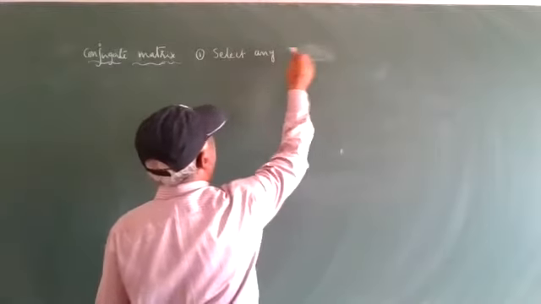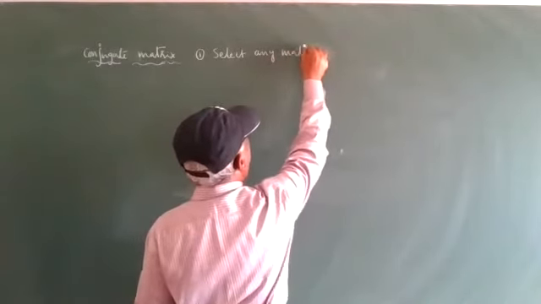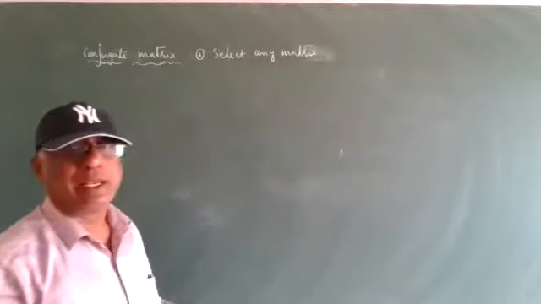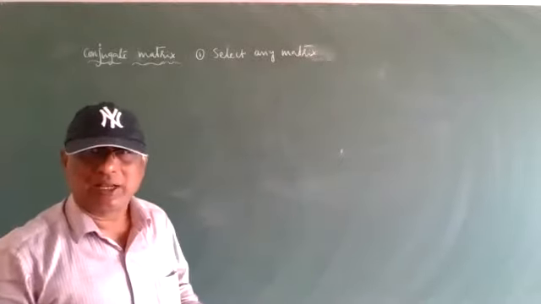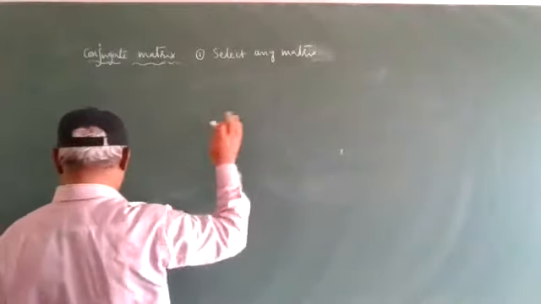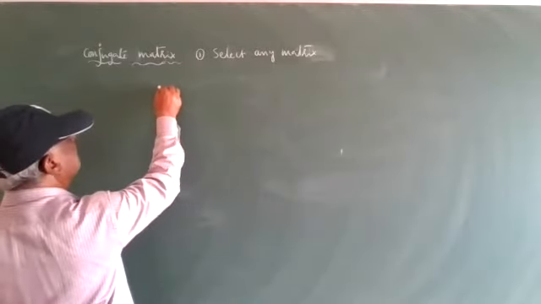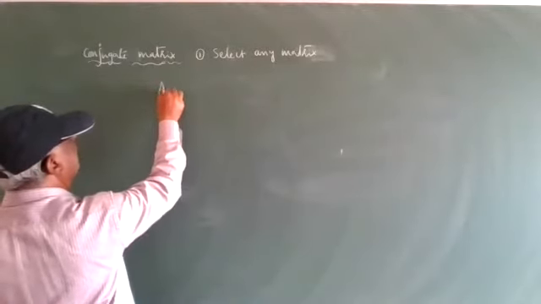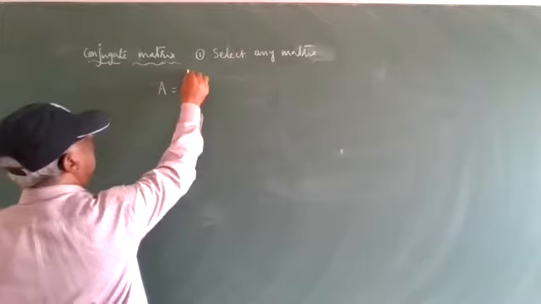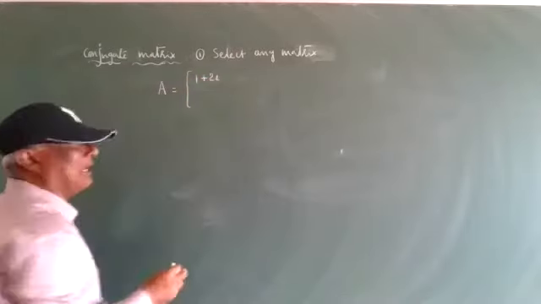So matrices are two types: square or rectangular. Select any matrix, no objection here. And the second point: let A be the symbol of the matrix. 1 plus 2i is one element.